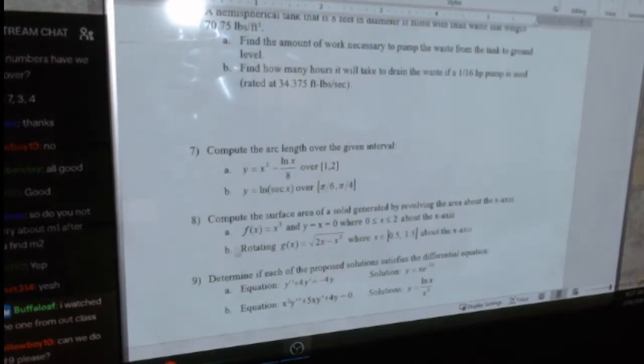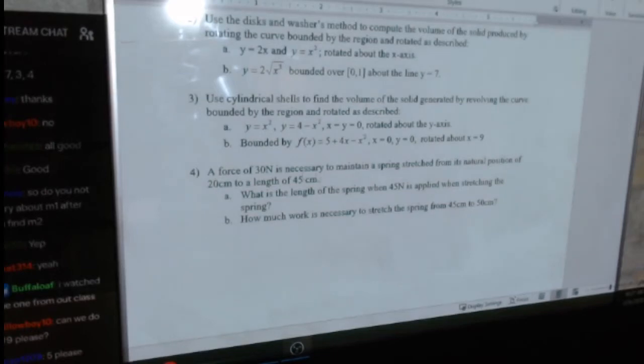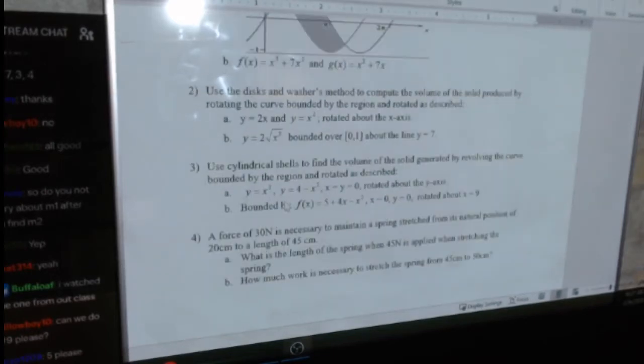We also did problem number, so we didn't do 7, we did 8, guys. We did the surface area problem here, part B. We just got done doing this one, number 4, a little bit ago. And we did 3.